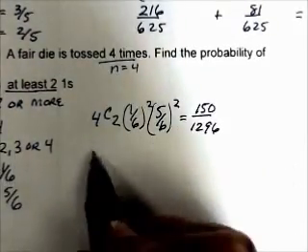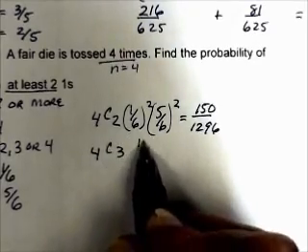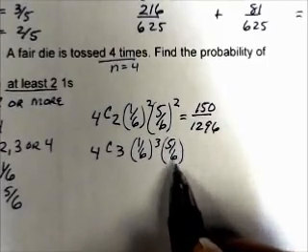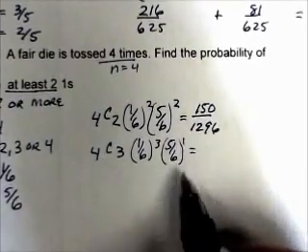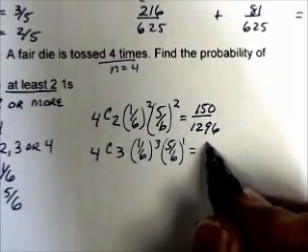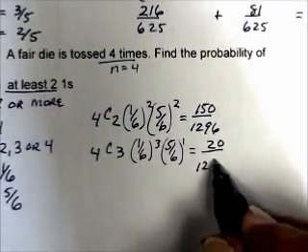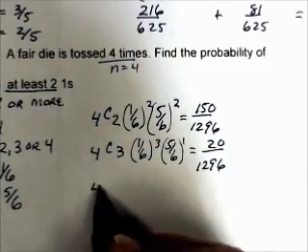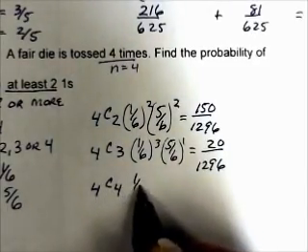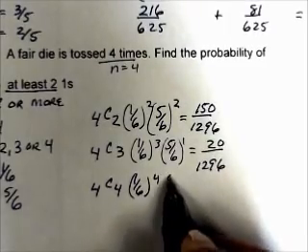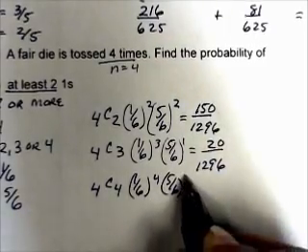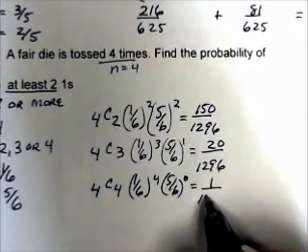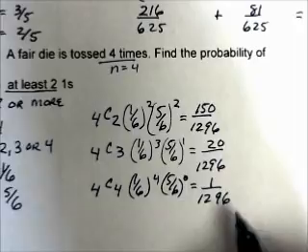Next, r value of 3. 4 choose 3, 1/6 to the third, 5/6 to the 4 minus 3, which is 1. This results in 20 over 1,296. And lastly, 4 choose 4, 1/6 to the fourth, 5/6 to the 4 minus 4, which is 0. And this results in 1 over 1,296.